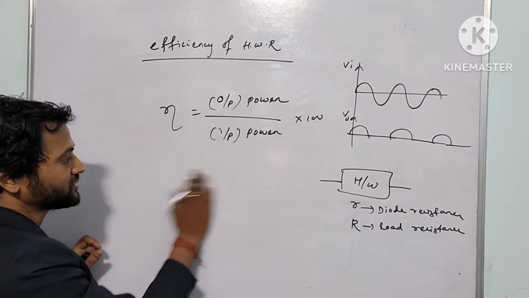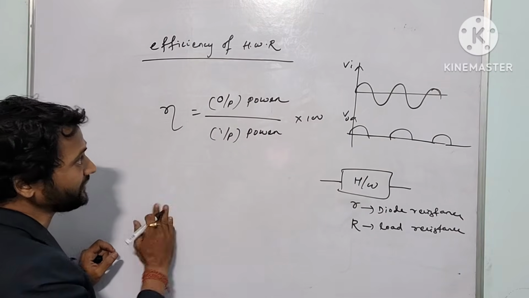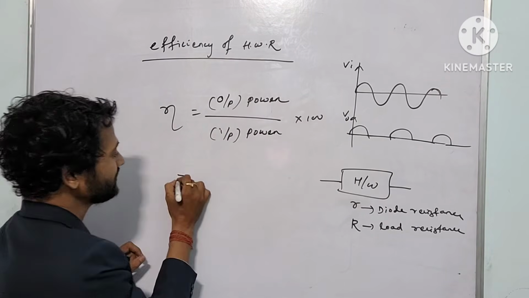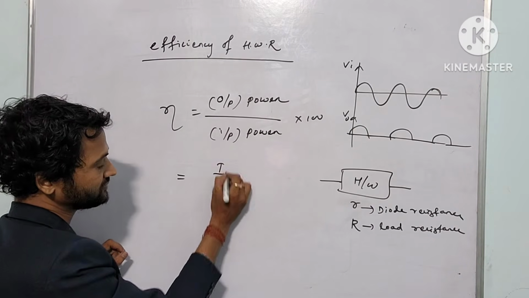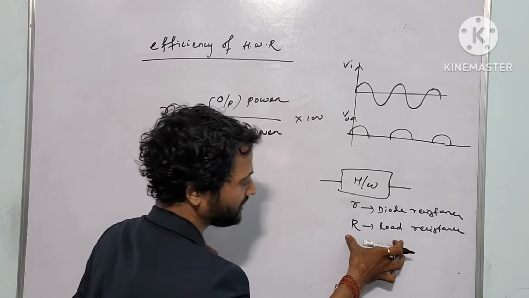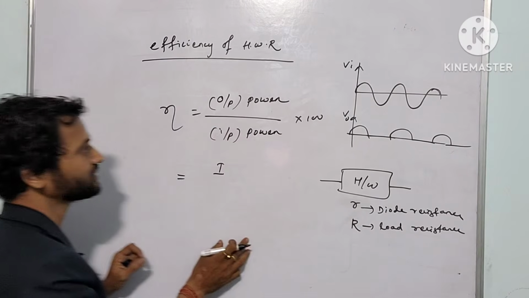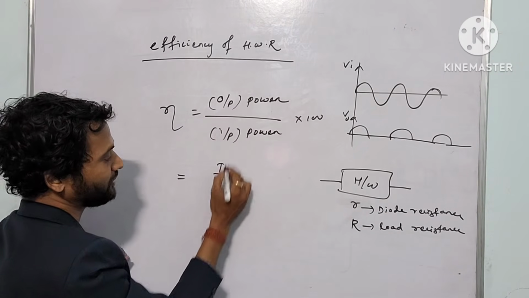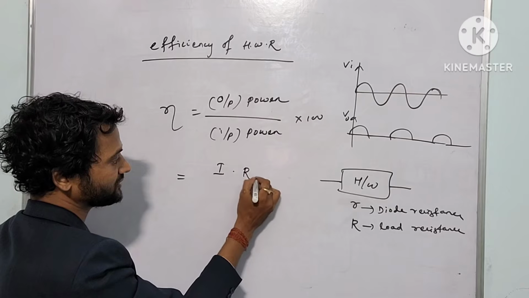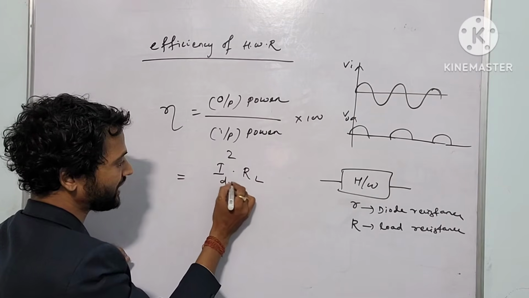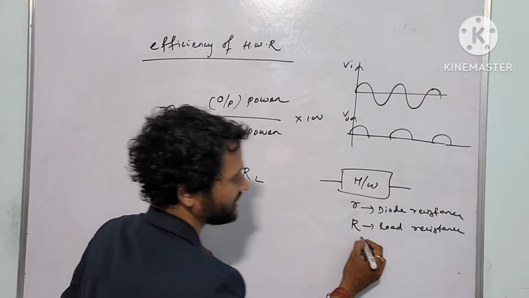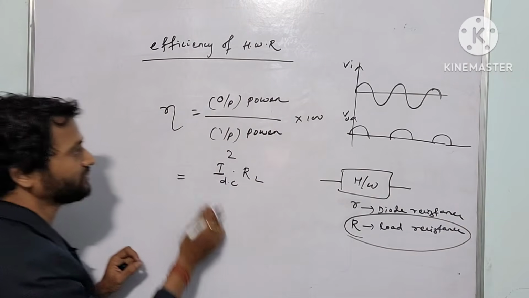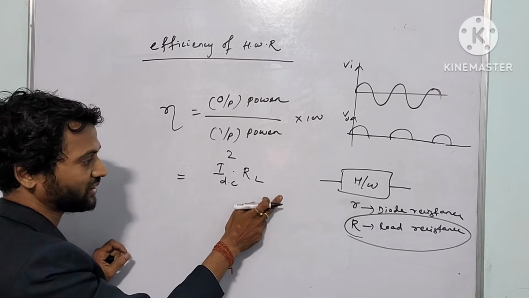So output power will be I square into R, because output power you will be getting across the load only. So what is output power? I square into RL. This I square will be IDC square. Is it clear? This load resistance is nothing but RL. The formula for power is I square into R.